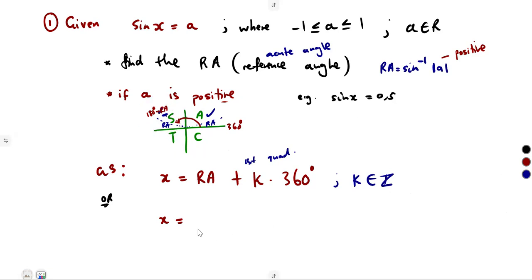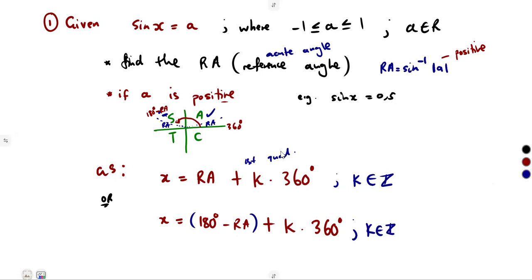The angle there is 180 degrees minus the reference angle, plus the multiples of 360 degrees, k times 360 degrees. This will be our condition, where k is an integer.